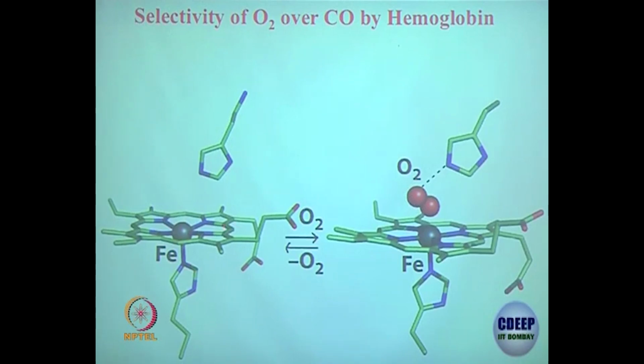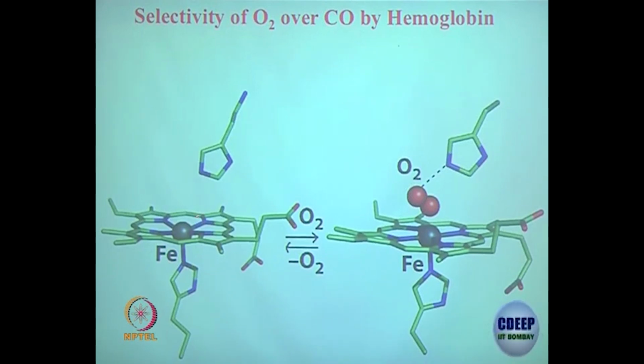You have a porphyrin ring and an imidazole. This is iron 2 plus high spin. It's a high spin configuration, and this iron is not really in the plane. So if the porphyrin plane is here, iron is sitting half in, half out. It's not in that cavity perfectly.